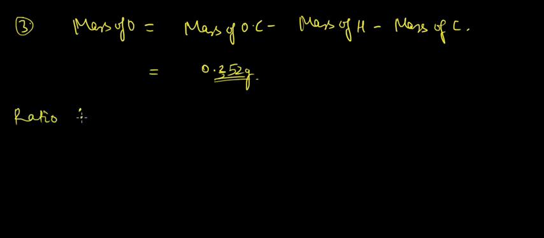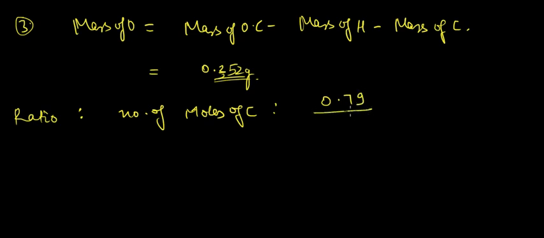So we can calculate the number of moles of carbon present in the compound by dividing the weight of carbon in the compound over the molar mass of carbon, which is 12. So this will come out to be 0.066.